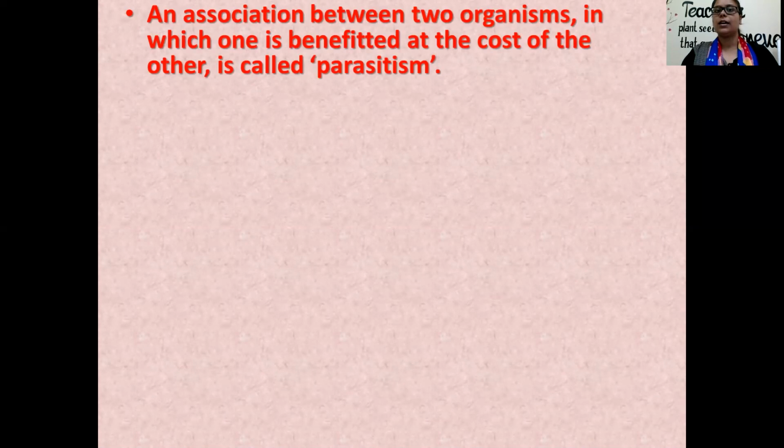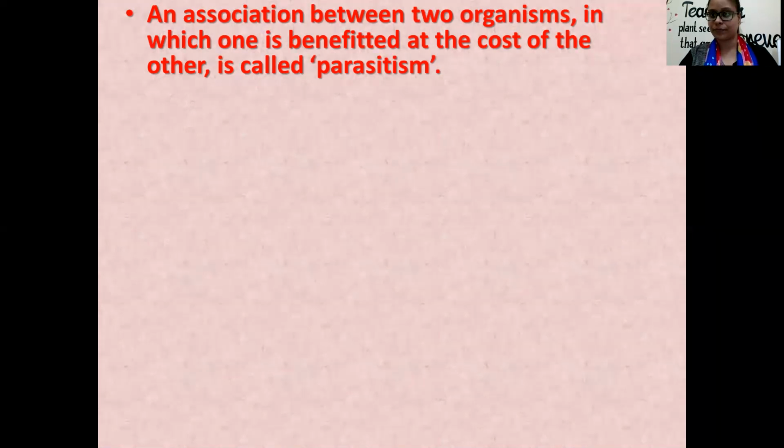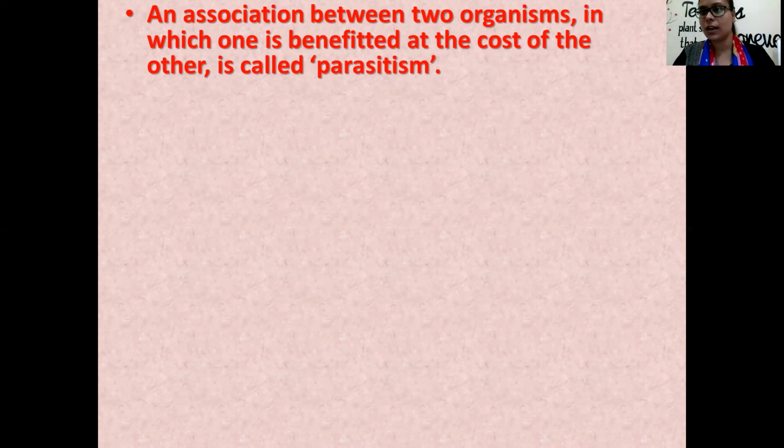An association between two organisms in which one is benefited at the cost of the other is called parasitism. Like when two organisms are living together, linked with each other, living in association, performing their functions, but only one is benefited and the other one is harmed.